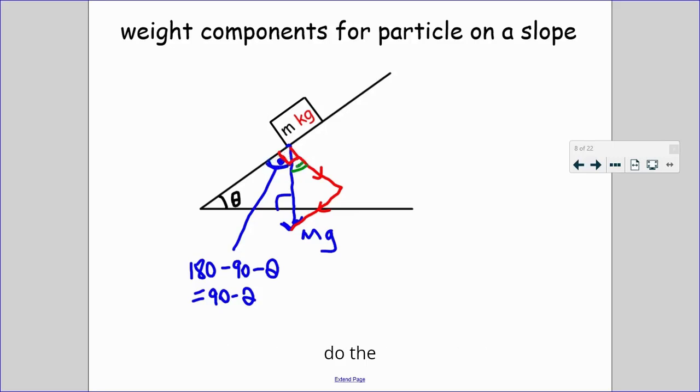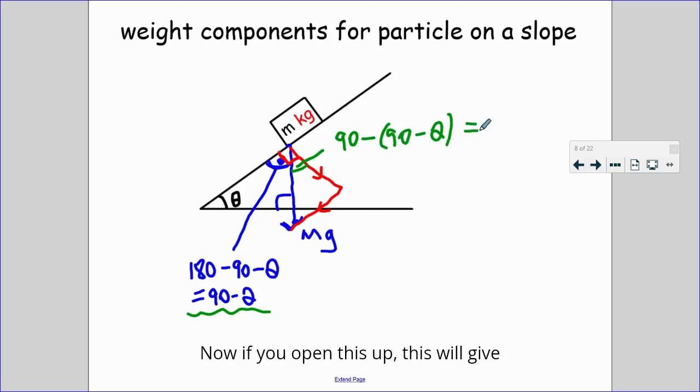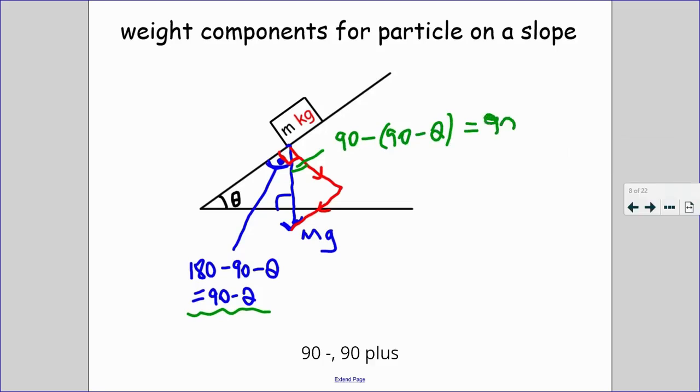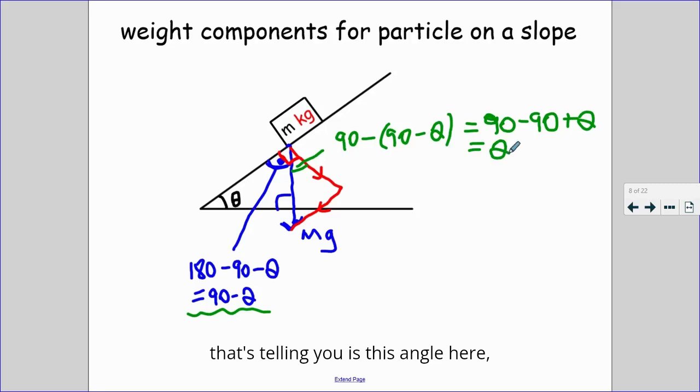So I will do the right angle, red one is 90, minus the blue angle, 90 minus theta. Okay. Now, if you open this up, this will give you 90 minus 90 plus theta, okay? Because minus minus is plus. That gives you theta. Right now, what that's telling you is this angle here, the green one, is also theta. They're both the same.